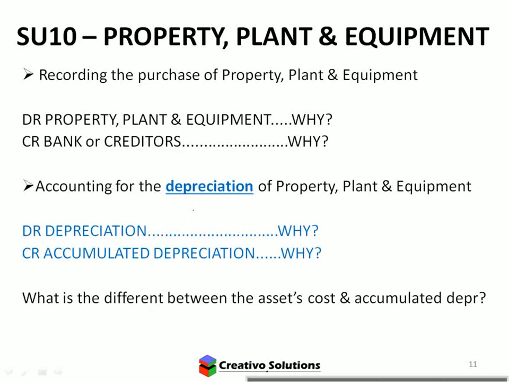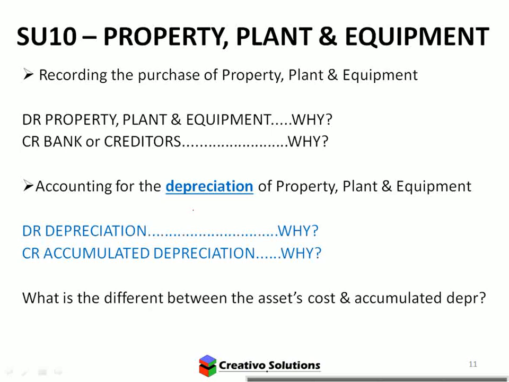Right, so this is some recap. Recording the purchase of property, plant, and equipment. If I'm recording property, plant, and equipment, I'm going to have to debit it. Why? Good. And why am I debiting it? It's not just an asset.